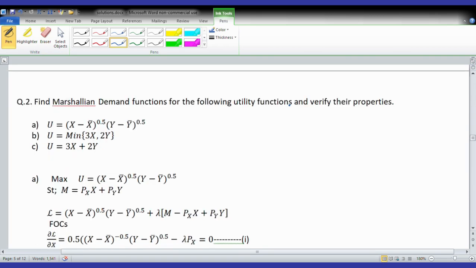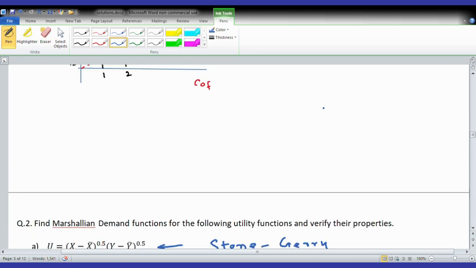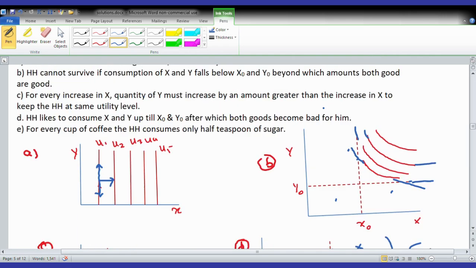Alright, then find the marginal demand functions for the following utility functions and verify their properties. See that as far as this utility function is concerned, it is known as a Stone-Geary utility function, and this is the utility function which actually has indifference curves like this one. Here we have y naught units of y and x naught units of x.